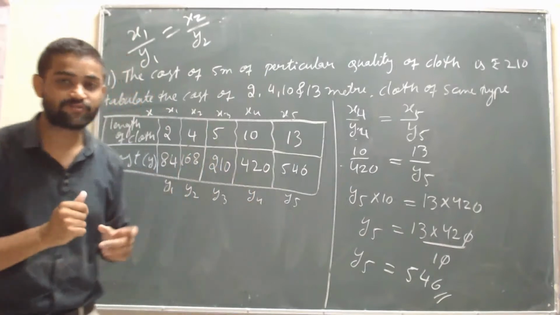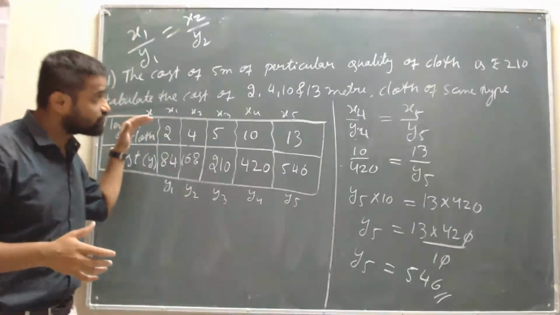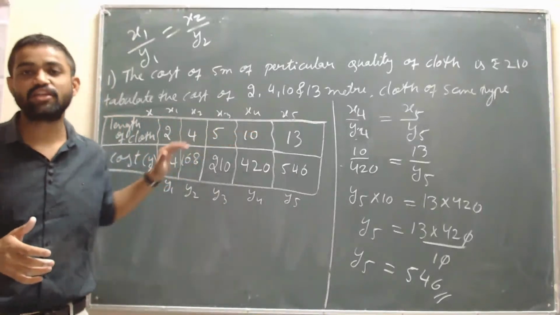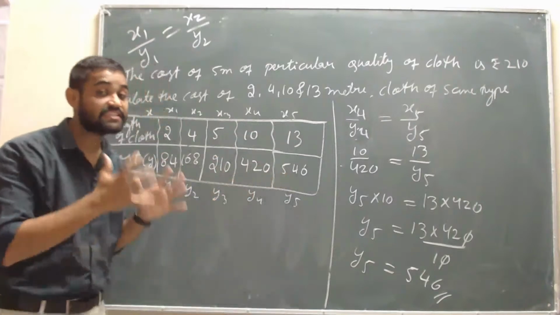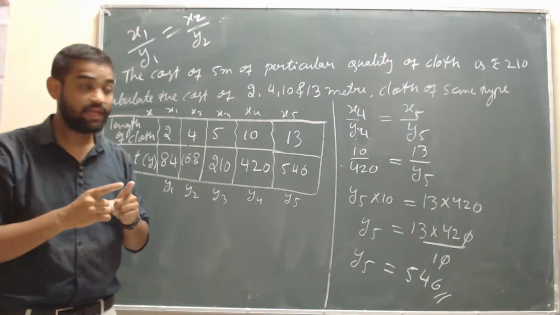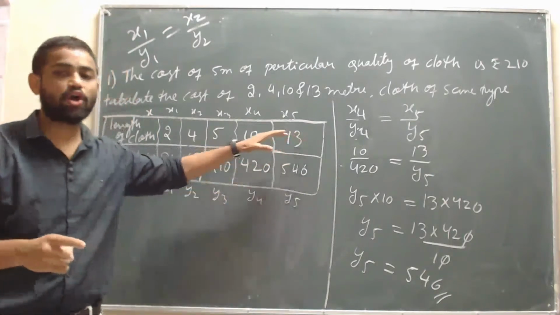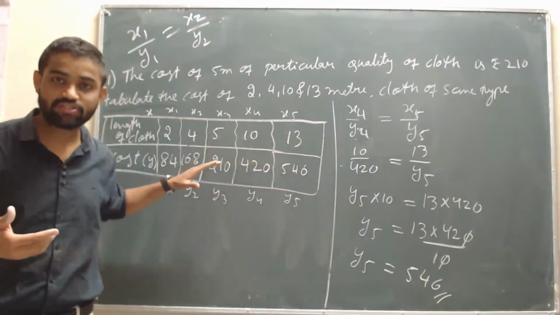Now concentrate here, students. As the length of the cloth increases, the cost is also increasing, and this is called directly proportional. And as the length of the cloth decreases, the cost also decreases.